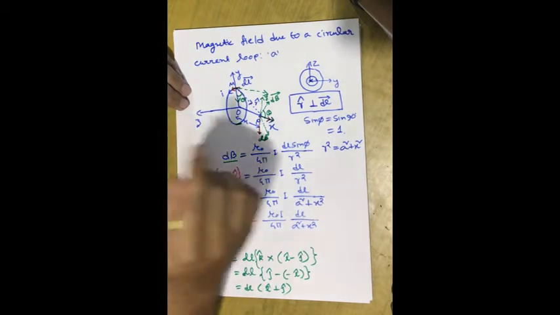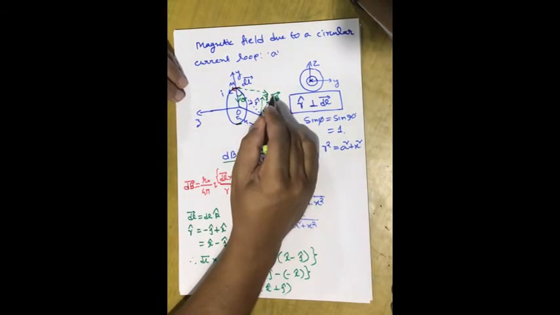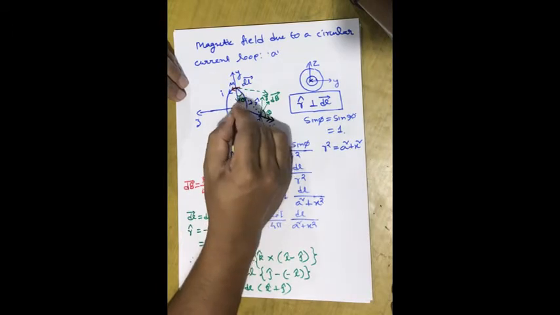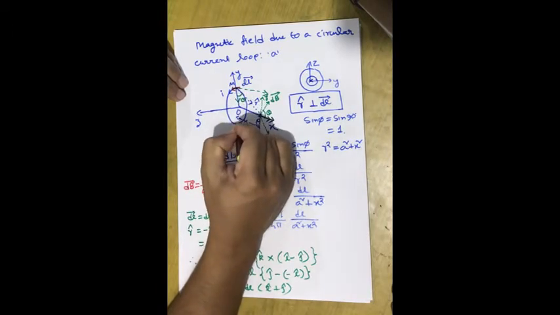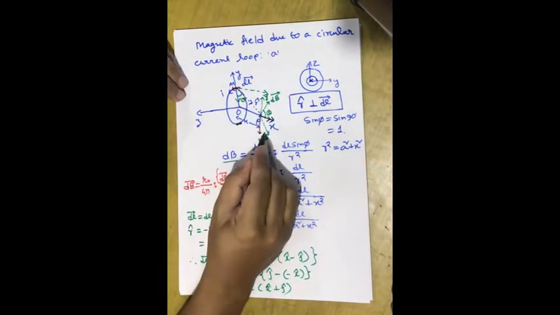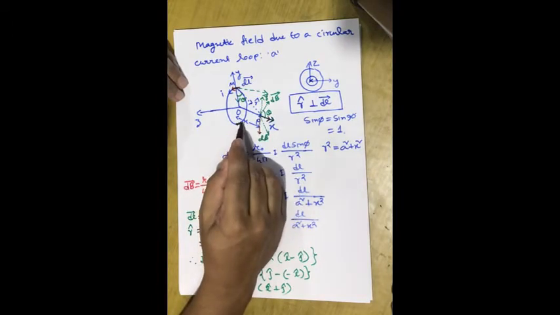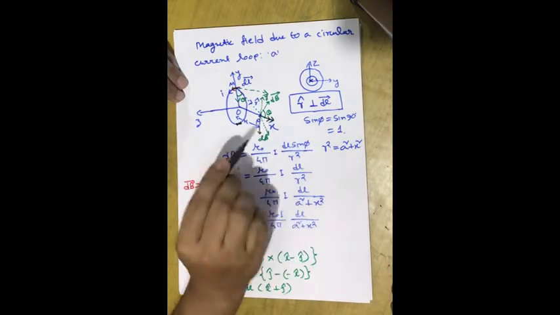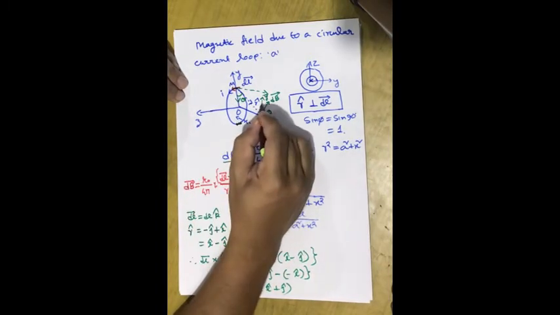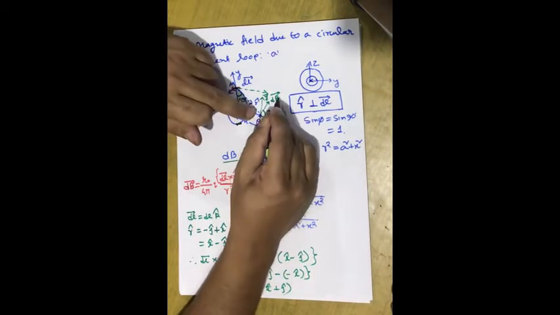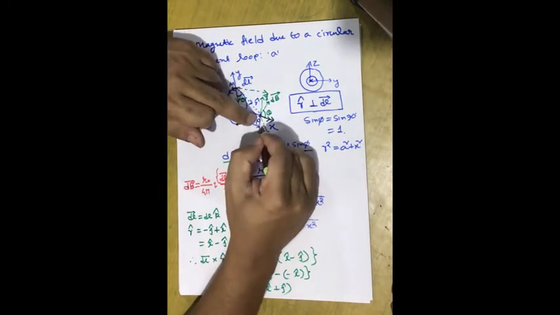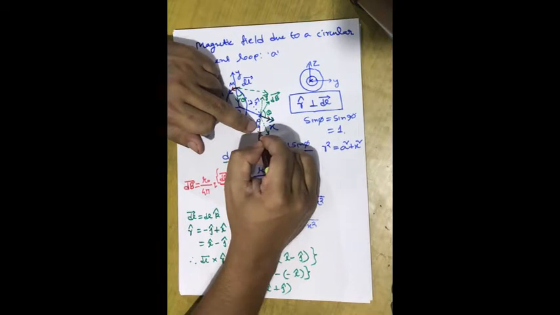Now you see the magnitude of the magnetic field will be the same, because these two elements are symmetrically situated with respect to point O. But their directions differ: the y component for the upper dB field is along this direction, and for the lower dB field the y component is along that direction.